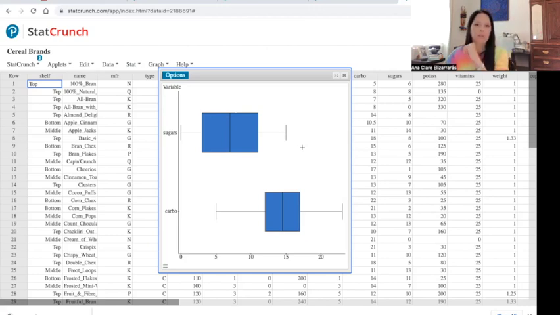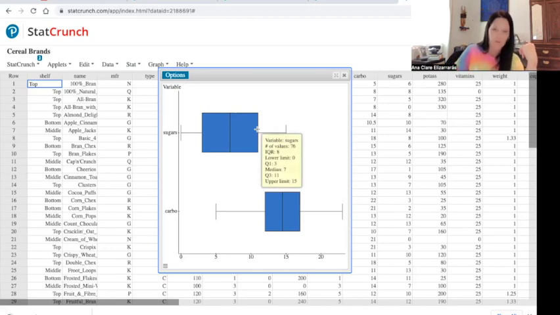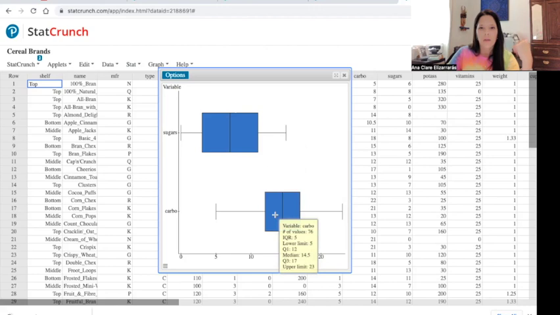Let's figure out what those values are. If you hover over sugars, we see that the median is 7, and carbohydrates has a median of 14.5. So sugars has 7 grams for a typical value, where carbohydrates has 14.5 grams. So more carbs than there are sugars typically in these cereals.